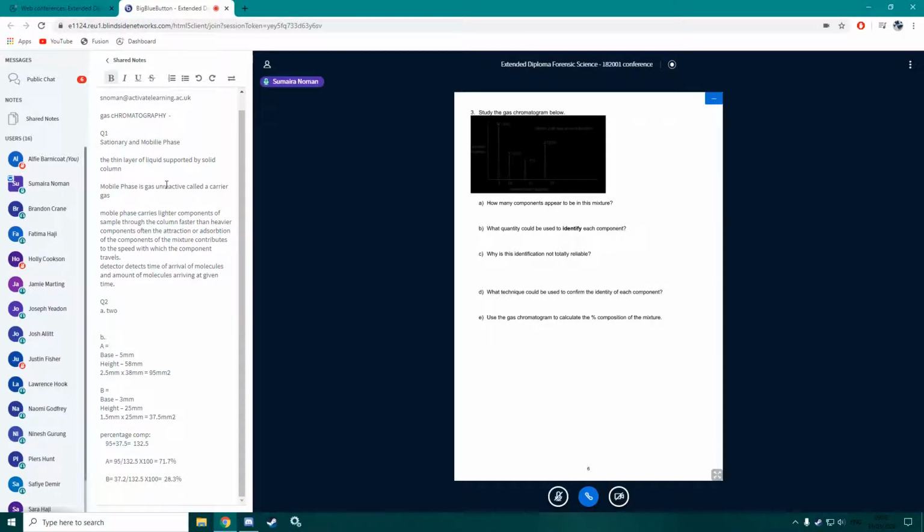Where am I? There we go. Right, so can you all see it properly? Because I can't see it. I don't know why it's this hideous combination. I have no idea why.